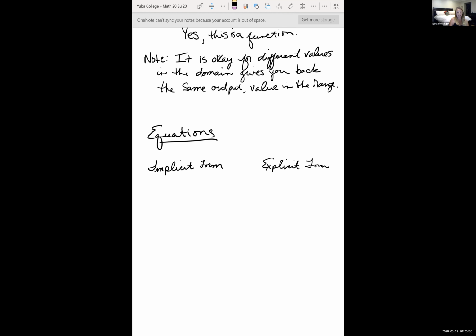Okay, so implicit form is when you have the variables on the same side of the equation.